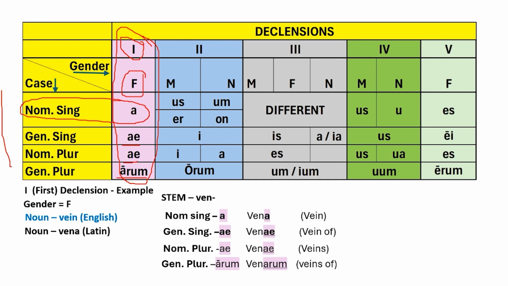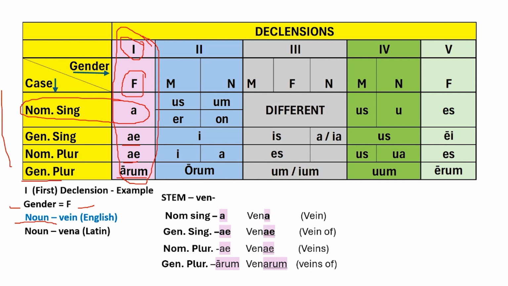So let's take an example of the first declension. As I said, all nouns in the first declension are feminine, so gender-wise they are all feminine. Let's take the example of vein.